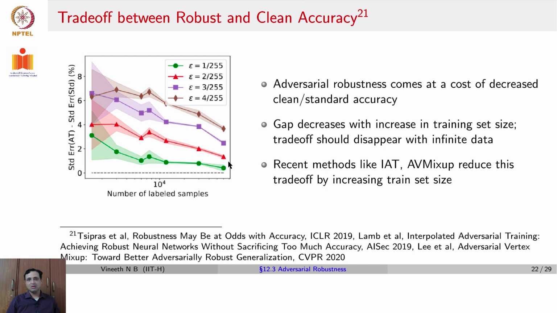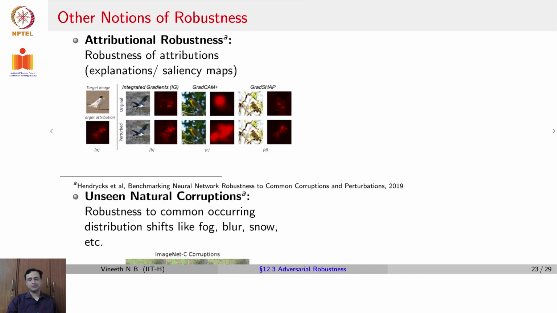You could consider now using adversarial training to take an input data point and find its adversarial perturbation in the inner maximization loop of adversarial training. Now take interpolations of all the points that lie on the line between the clean point and the adversarial perturbation. All of these, when added to training, help improve the train set size and thus mitigate this trade-off problem between adversarial error and standard error.